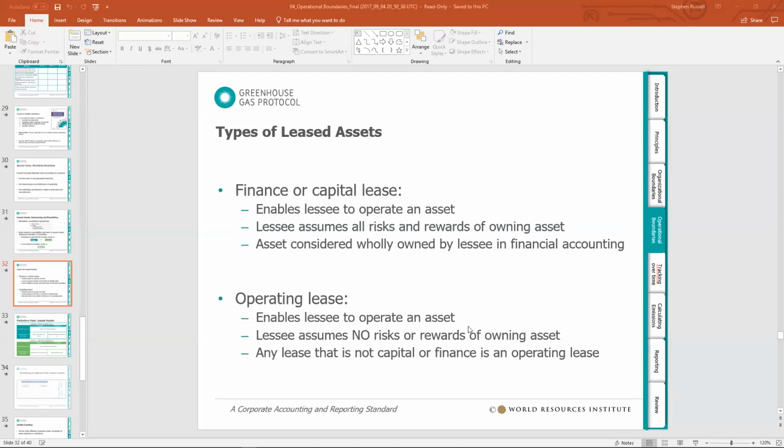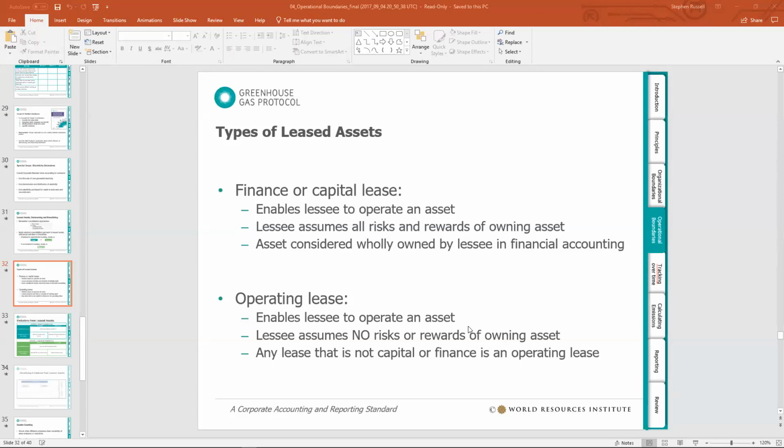There are various criteria that define when a lease is a capital lease versus an operating lease. Some of these criteria are if the lease contract transfers ownership of the asset at the end of the lease life, or if the contract contains a bargain purchase option, or if the lease term covers the majority, 3/4 or more of the asset's life, or also if the present value of the lease payments is 90% or more of the fair value of the asset.